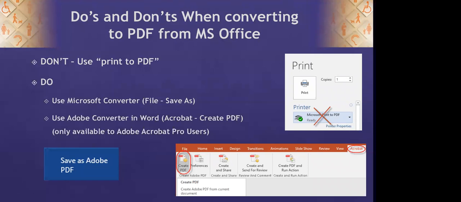So you have a couple of different ways you can do it. You can do Acrobat and then create PDF and then follow through the steps. And typically your default settings in that process should do you good as far as converting it. So a big no to file print to PDF.